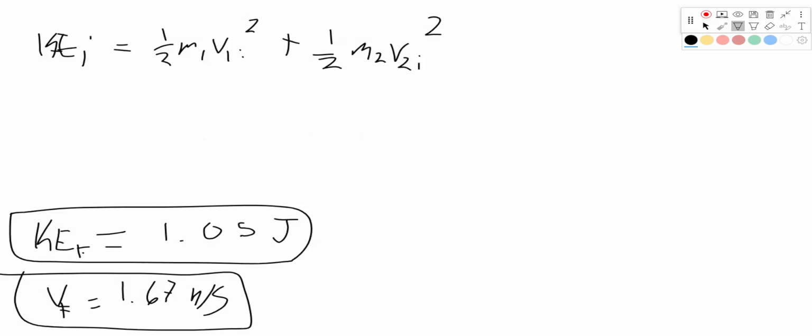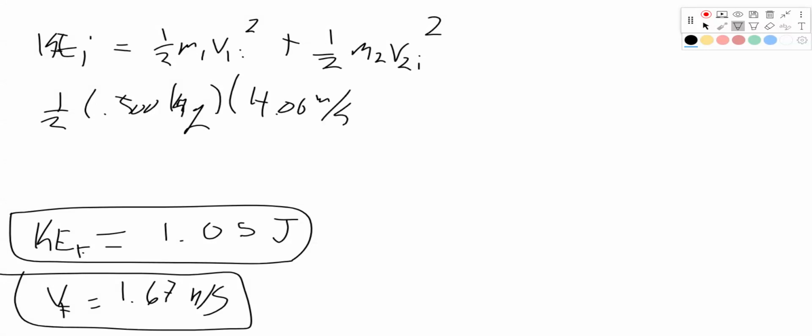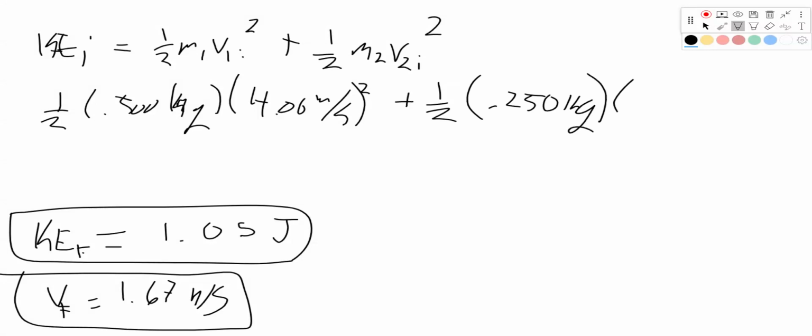So we'll plug in, it'll be 1/2 times 0.500 kilograms times 4.00 meters per second, and then we've got to square it, plus 1/2 times 0.250 kilograms times negative 3.00 meters per second, and we gotta square that.